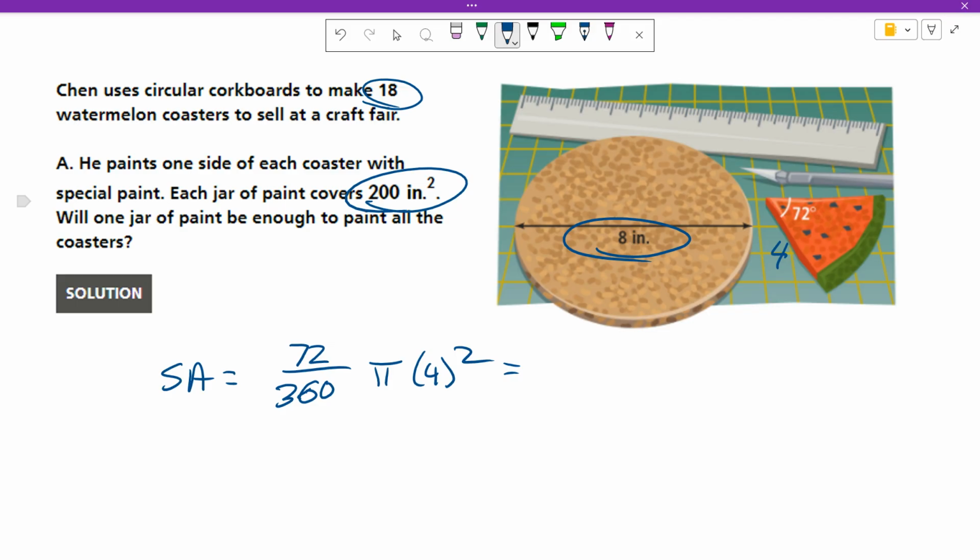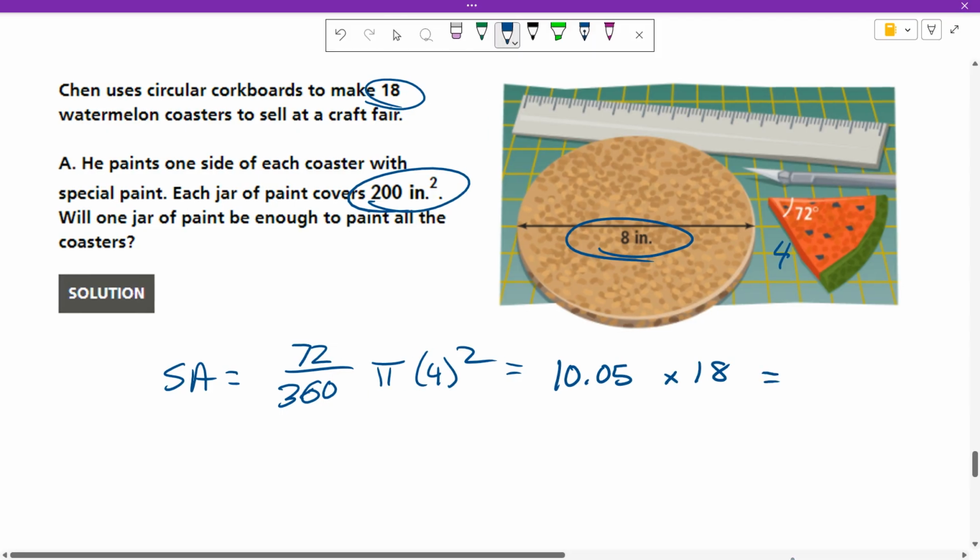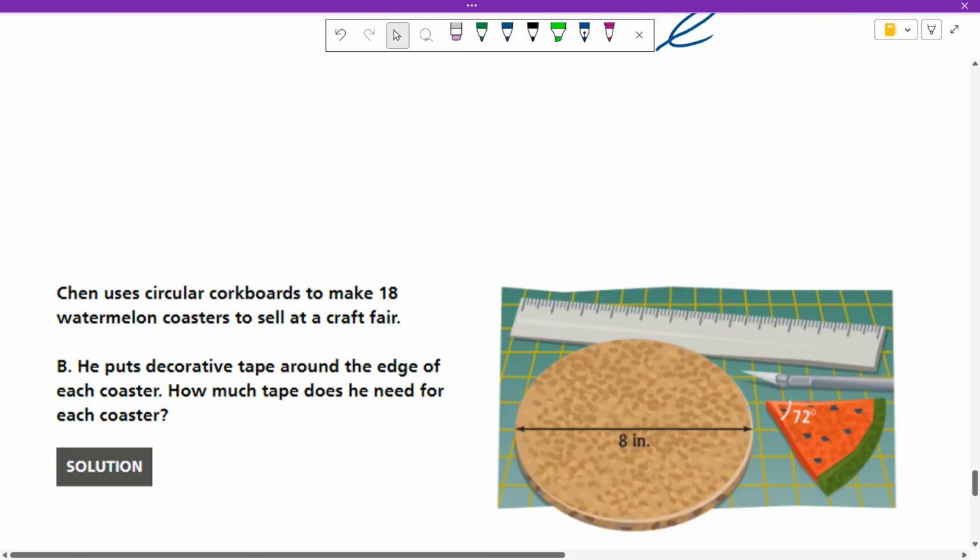Something point something something. 10.05. Take that times 18 because there's 18 coasters. 181 point something something something. Is that less than 200? Does he have enough paint? Sure does.